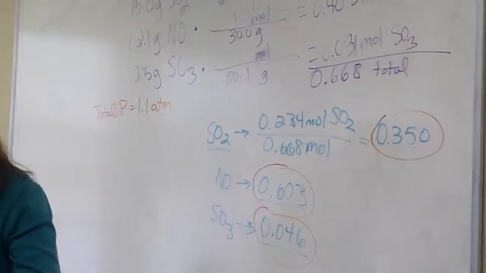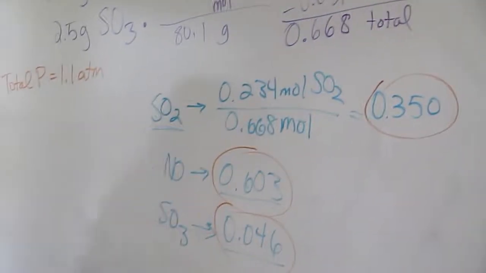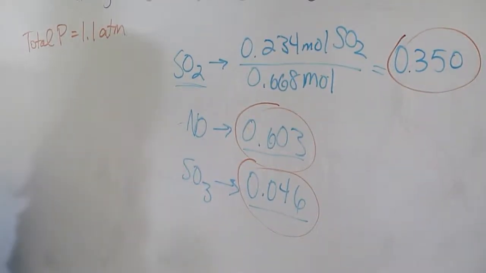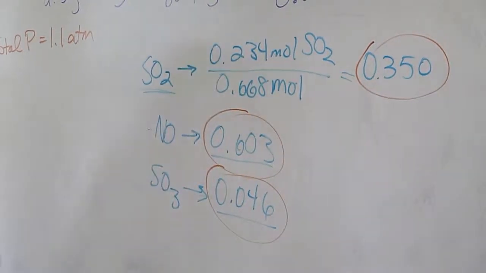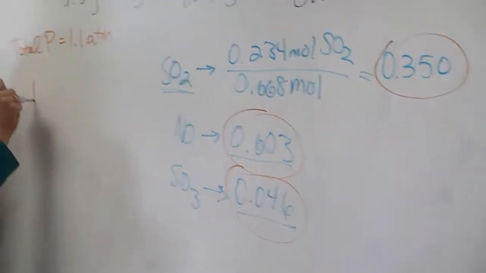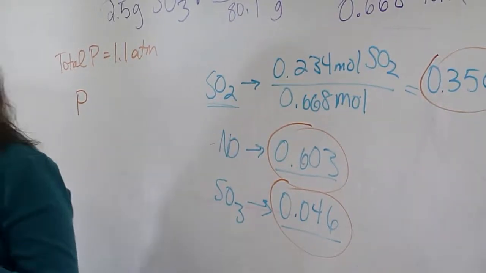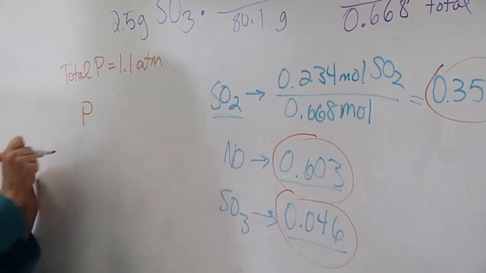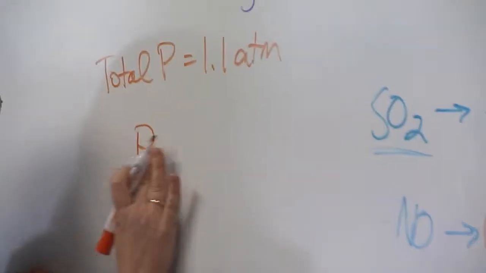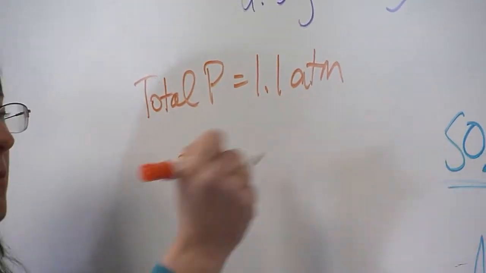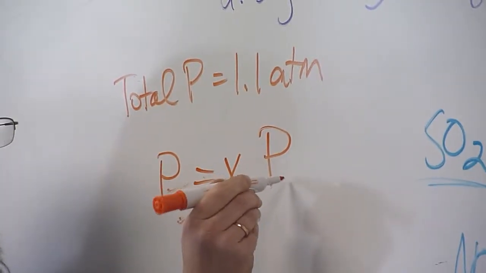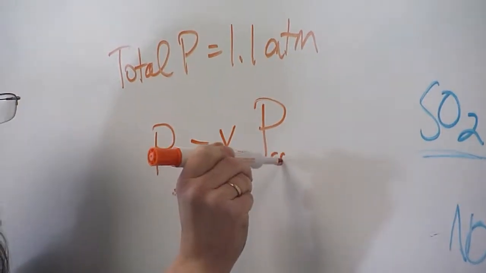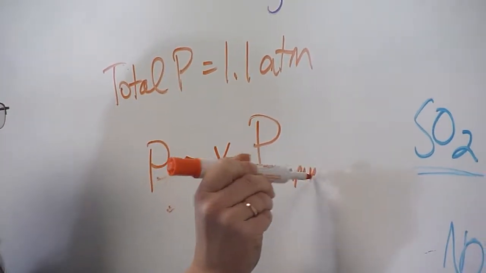The total pressure is 1.1 atmospheres, is that 2 significant figures? Yeah, okay. So how do you find partial pressure? Easy equation. The pressure is going to be the mole fraction, which we'll call X, times the total pressure.